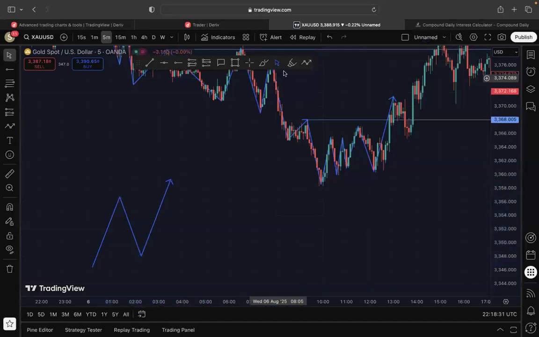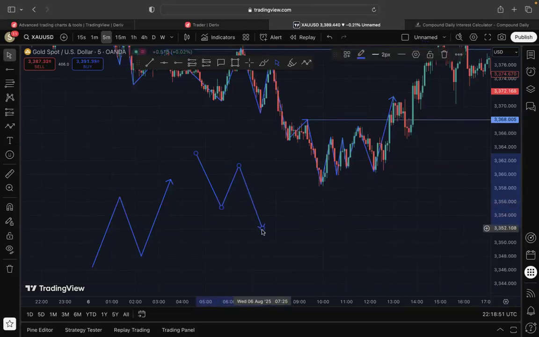Same thing in a downtrend. We have a low, we have a high. For this to be called a lower low, guys, if it stops here, it is not the lower low yet, because look at the name, lower low. It is called lower low because it is lower than the previous lowest point. This is not going to be called a lower low yet if it's not yet lower than the previous lowest point, right?